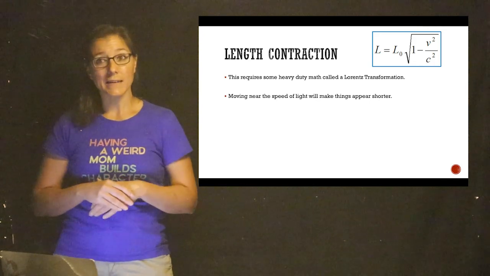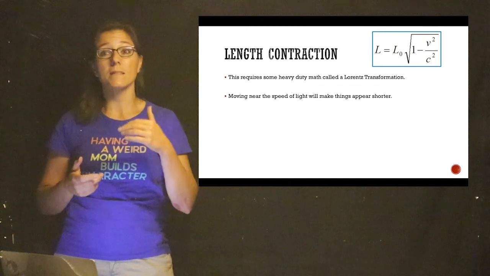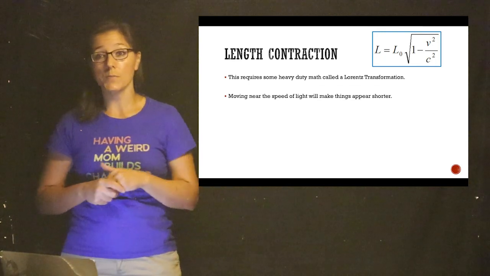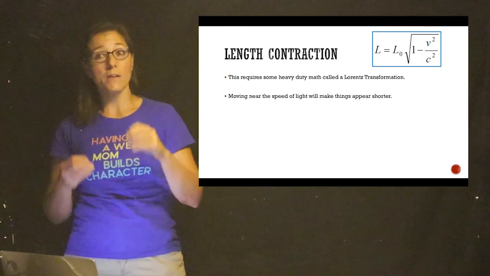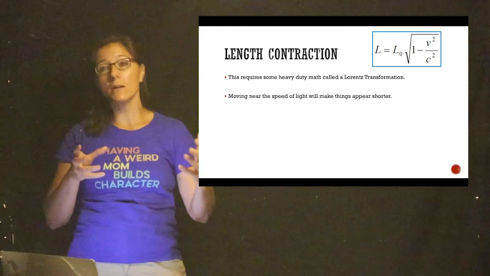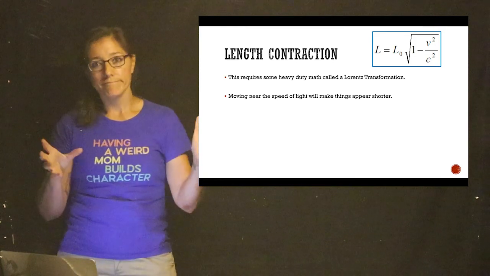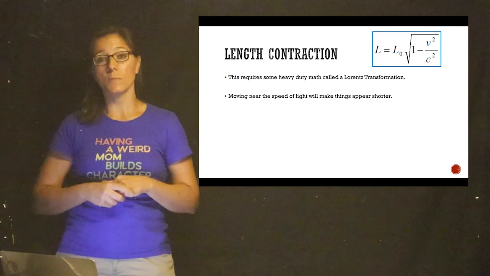But here it is again, 1 minus the quantity v squared over c squared, where v is the velocity of the moving object. Again, these are inertial reference frames, or reference frames that are not accelerating. So you're in a reference frame that is moving at some velocity v that is near the speed of light.